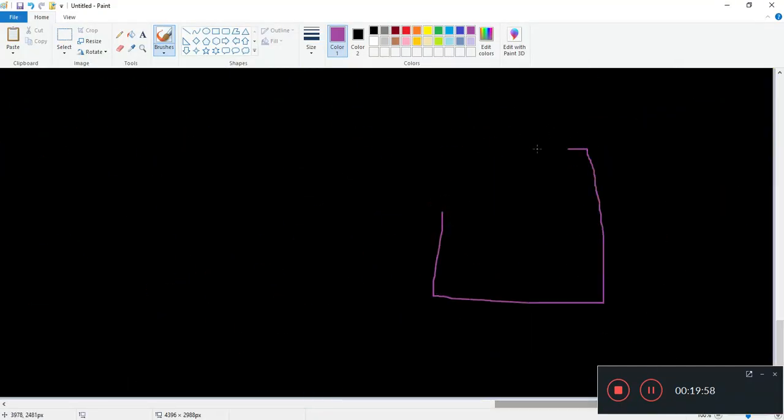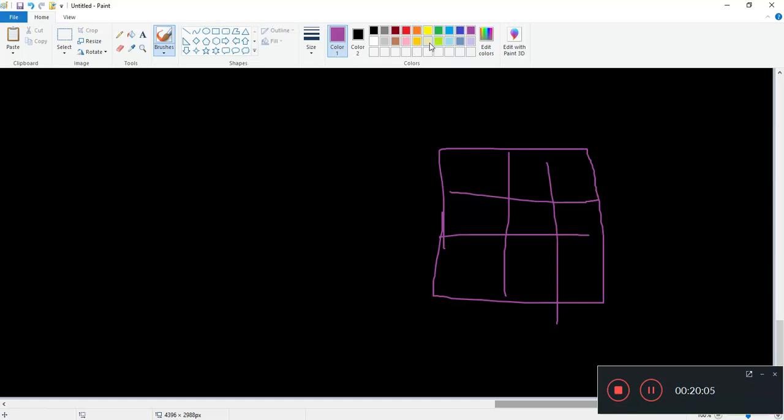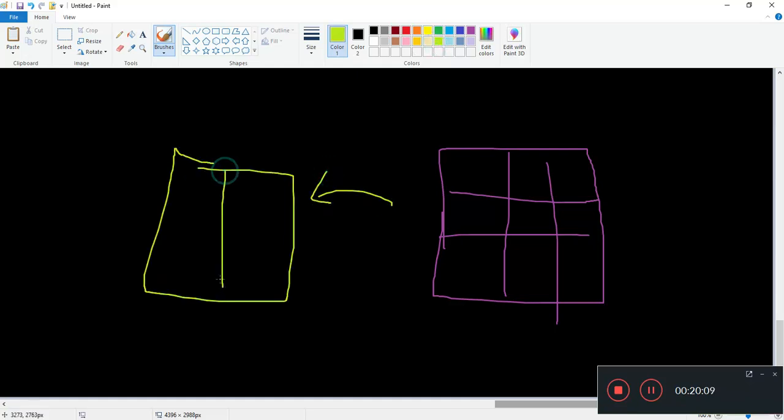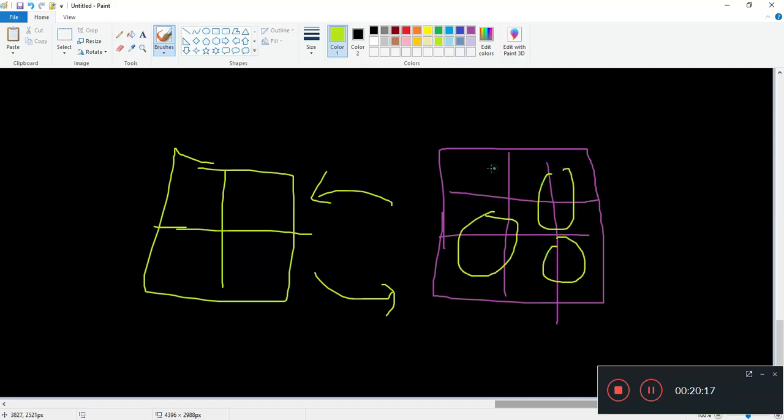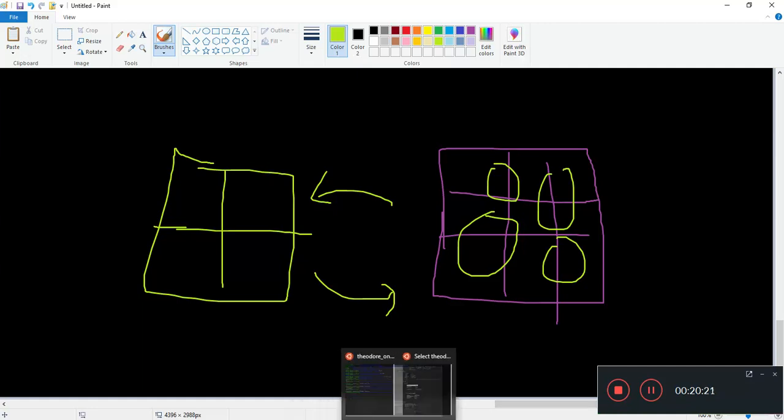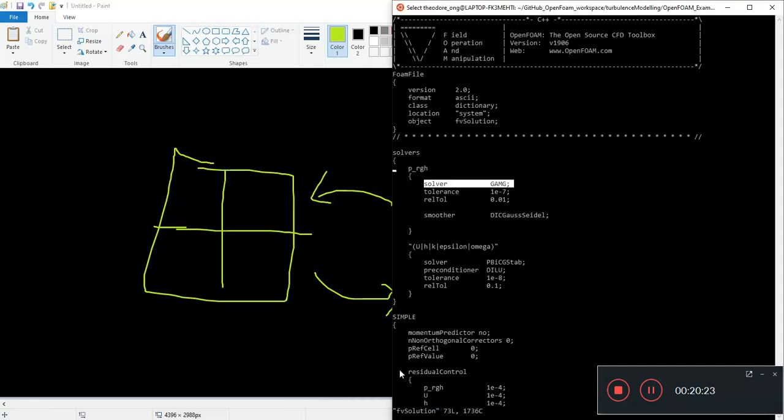So what they do to solve is make this mesh a little bit more coarse, and solve the coarse mesh solution. Then they use that as a starting value for the final mesh solution. So that's what GAMG does. Of course, on the surface that sounds good. It means that you have very good initial guesses.